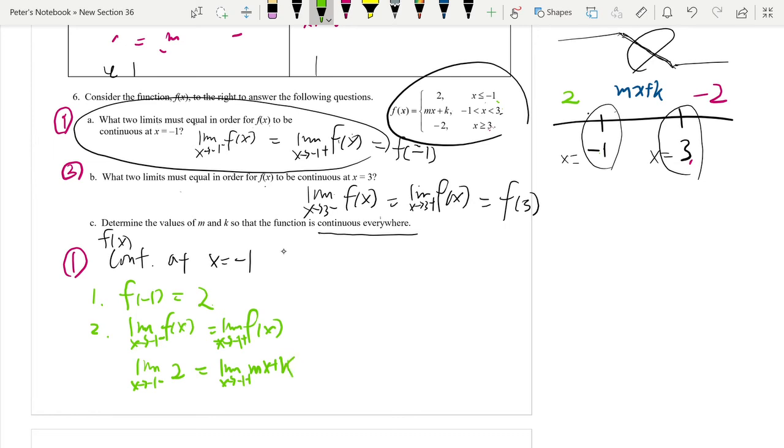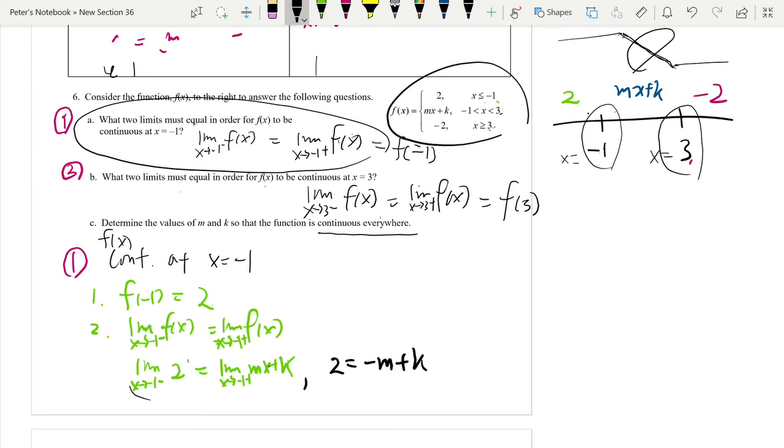When you substitute -1 for x here, this is what you get. The left-hand side becomes 2, right? So 2 is equal to, substituting -1 here, -m plus k. So I don't know what m and k is yet, but I know -m plus k should equal to 2 in order to satisfy this condition.